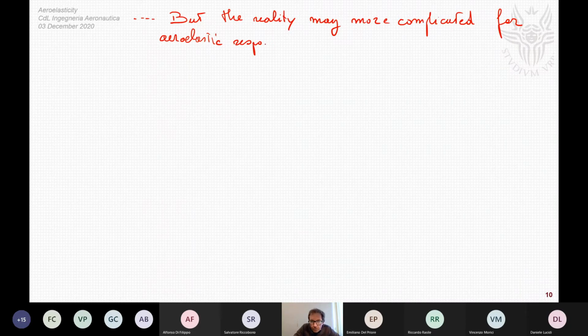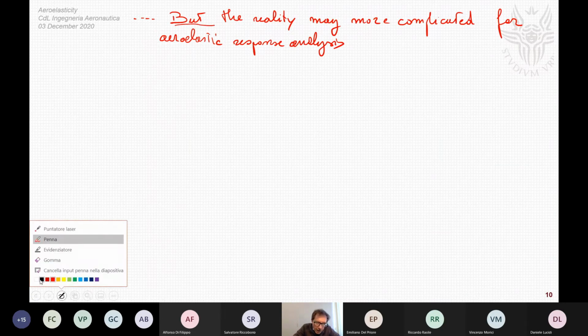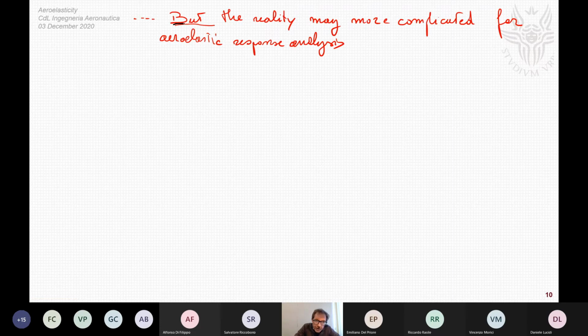So let me make a comment about this point of a very general type. What I mean here is that, in general, we have to consider nonlinear effects. Let me make a comment on nonlinearity.